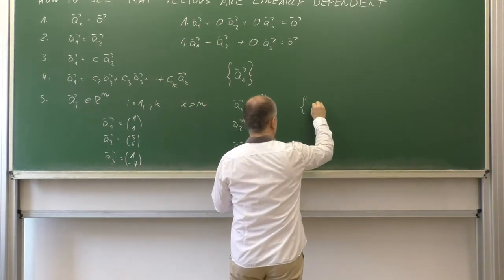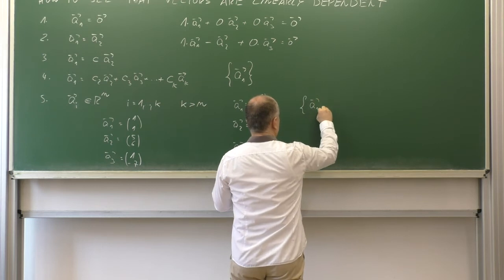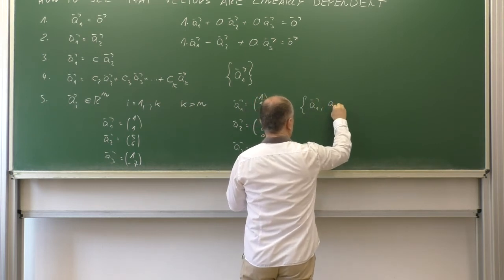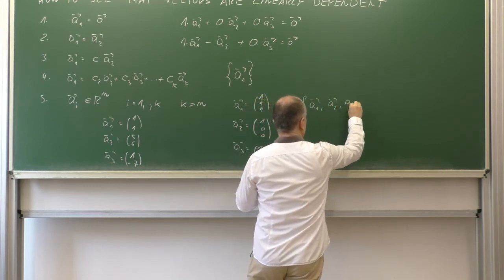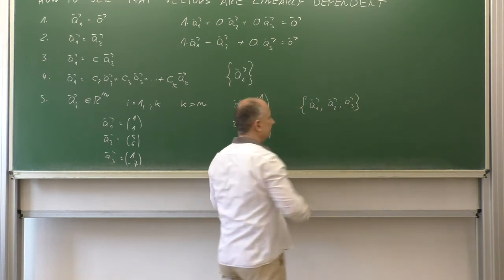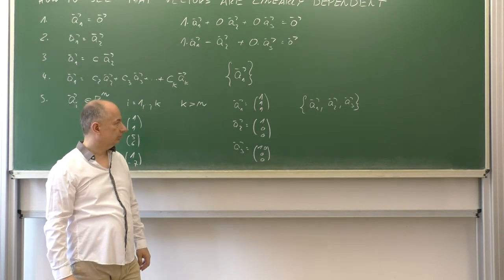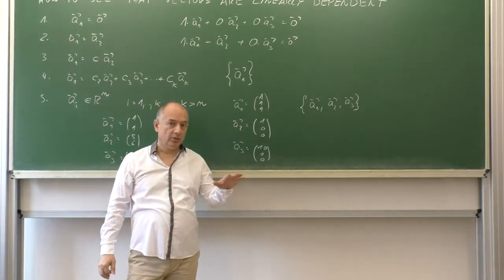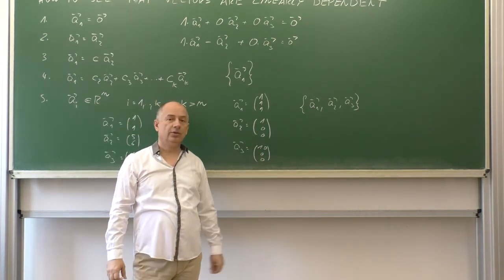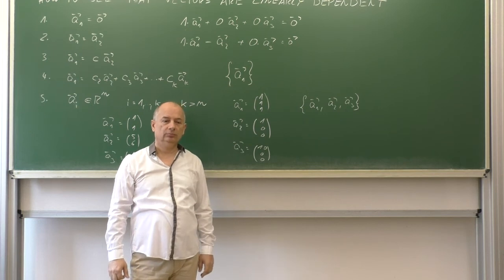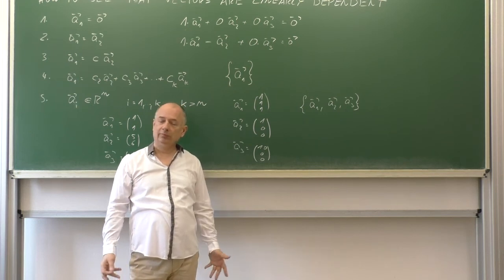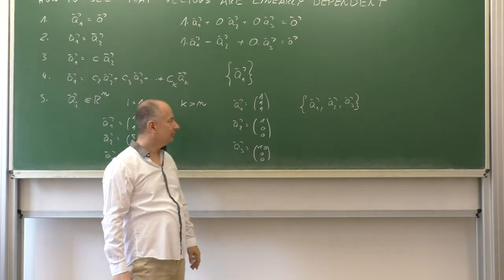And the question is, what about the set consisting of these 3 vectors, a1, a2, a3? Is it linearly dependent or independent? You can stop me now for a moment and you can try yourself. Okay? You can switch me on again.